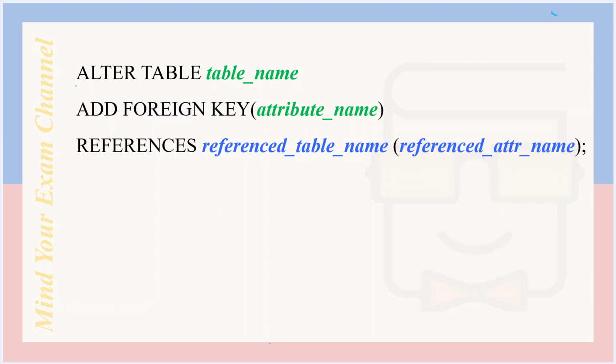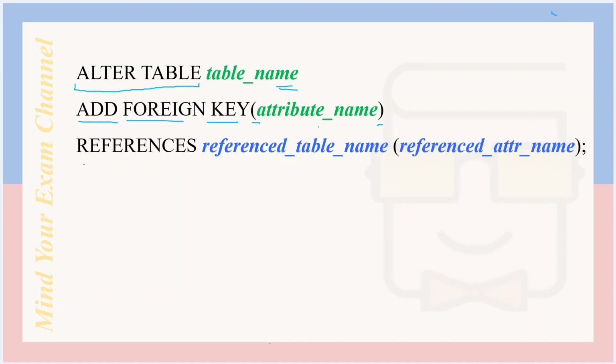First you use the fixed keywords alter table, written in black, and then you specify the table name in which you want to add the foreign key. Then you specify the keywords add foreign key, and then in round brackets you write the name of the foreign key that you want to create.